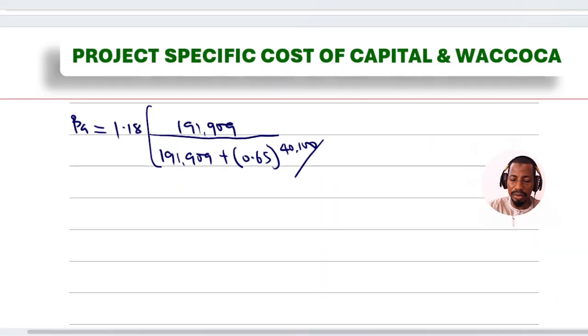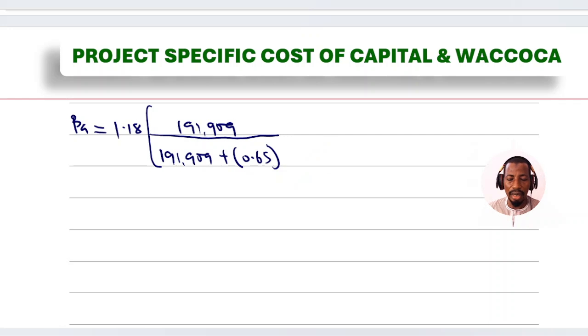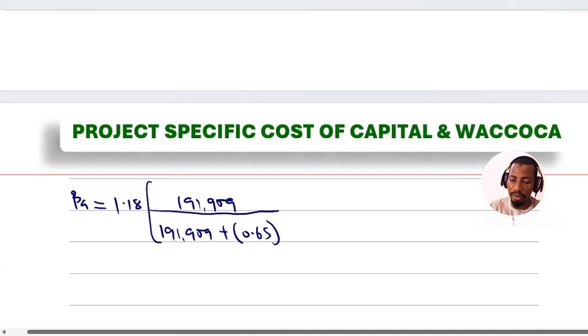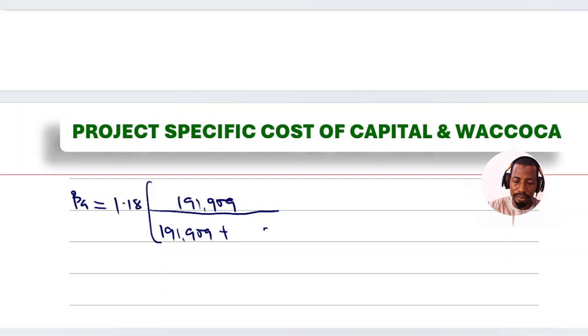There's no equity value here. 1 minus tax, D, debt value is 4100 multiplied by 0.65.